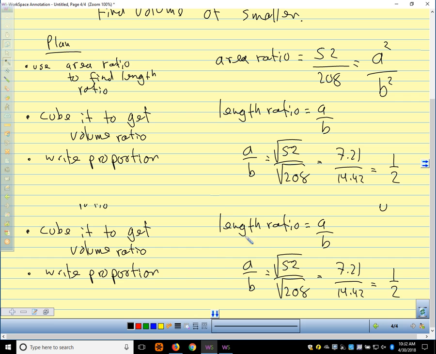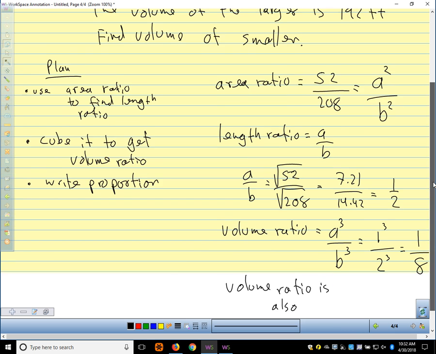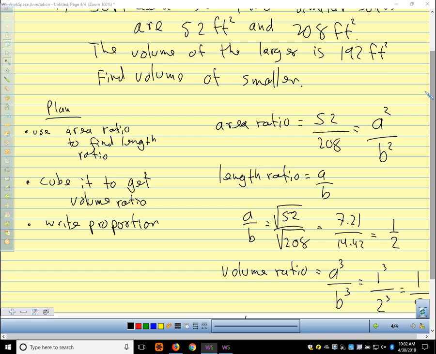The volume ratio we know is a cubed over b cubed. So we're going to cube the length ratio to get the volume ratio. 1 cubed is just 1. 2 cubed is 8. The volume ratio is also the one that we don't know, x over 192.